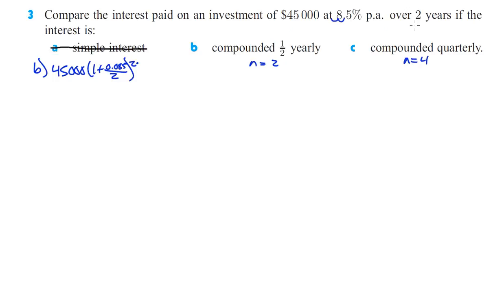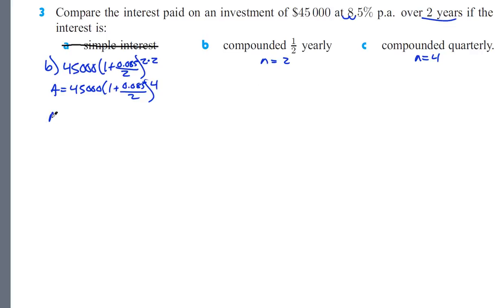And then this is over 2 years, so the T is going to be also a 2. So our ending amount is going to be what we'll want to put in our calculator, 45,000 times 1 plus 0.085 over 2, and then 2 times 2 is 4.